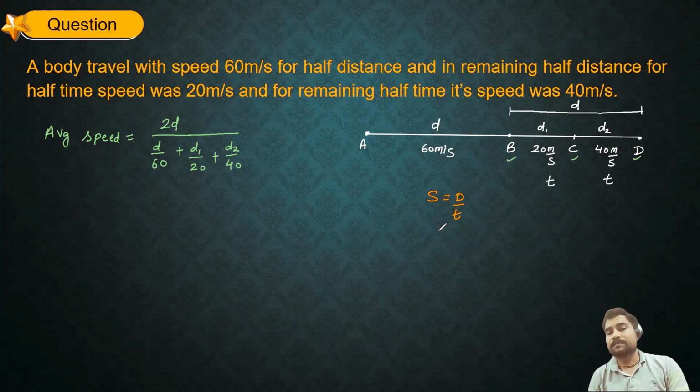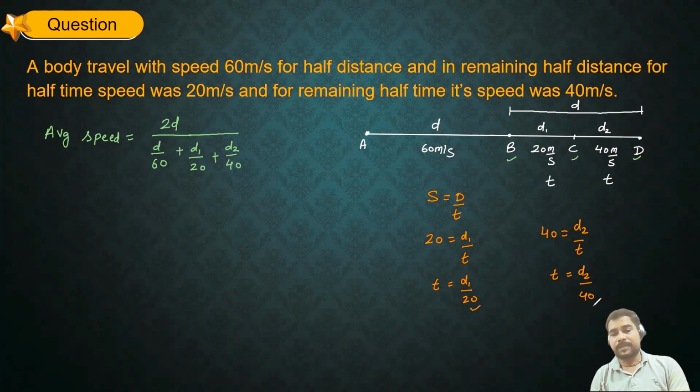By the formula, speed is equal to distance upon time. If you consider B to C, speed is 20, distance is D1, and time is T. So the value of T is going to be D1 upon 20. Now let's talk about C to D. The speed is 40, distance is D2, and time is T. So the value of T is going to be D2 upon 40.